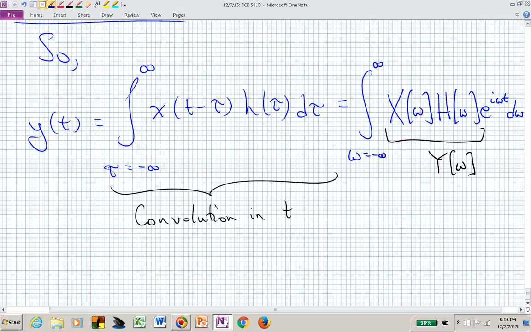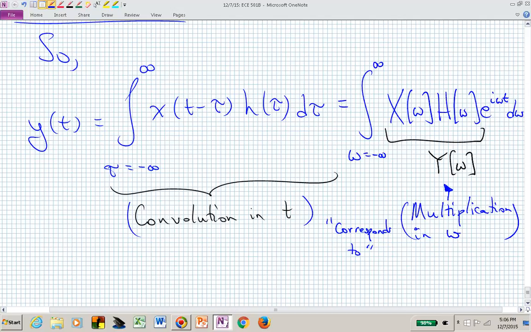And this capital Y of omega can be found from a multiplication. So that this convolution in t corresponds to multiplication in omega.